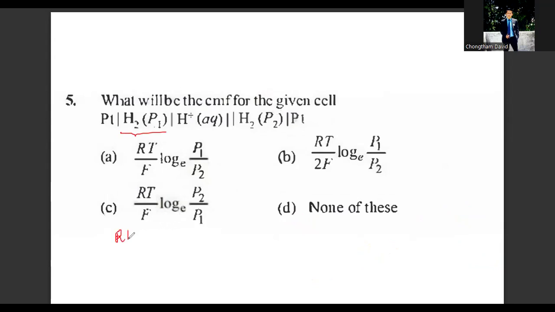Remember the rule of thumb, red cat, which means cathode is where reduction takes place, and ox, that means oxidation takes place at the anode.